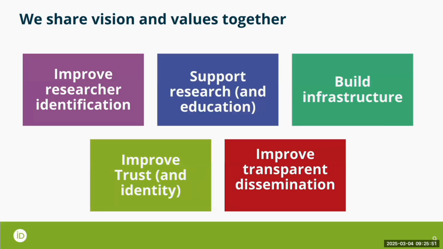And we share quite the same visions and values, like improving researcher identification and identity, supporting research, building infrastructure, and improving trust and identity, which is an important mission for both ORCID and NRENs or federated identity, and improving transparent dissemination of research for sure.